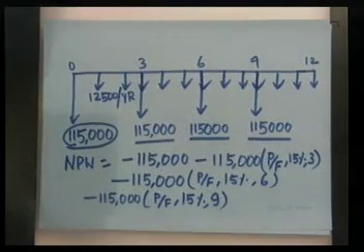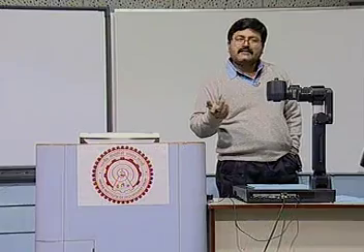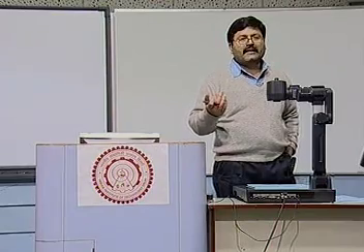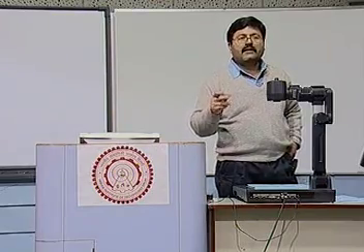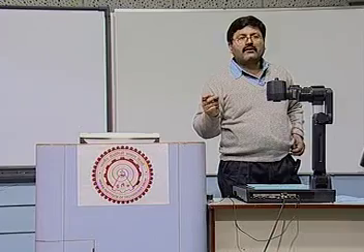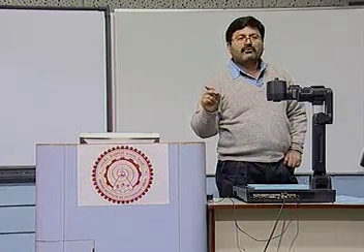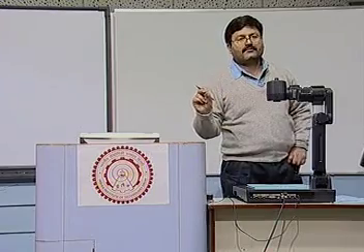So, annuity value is known to me. What am I interested in? I am interested in finding P. So, I will simply be using P given A for 15% interest rate for 12 years.